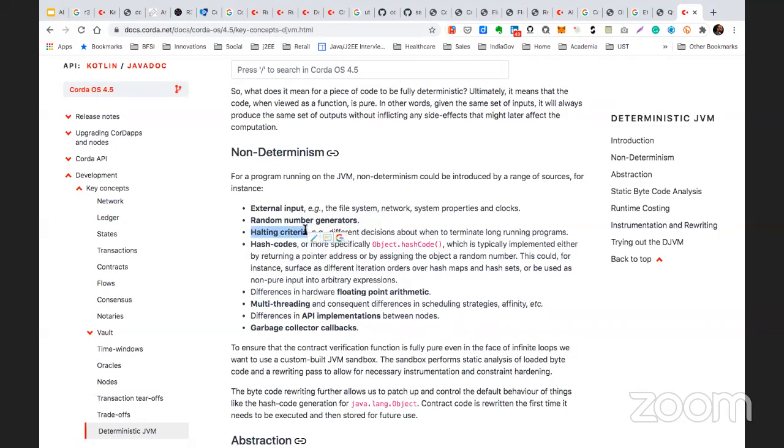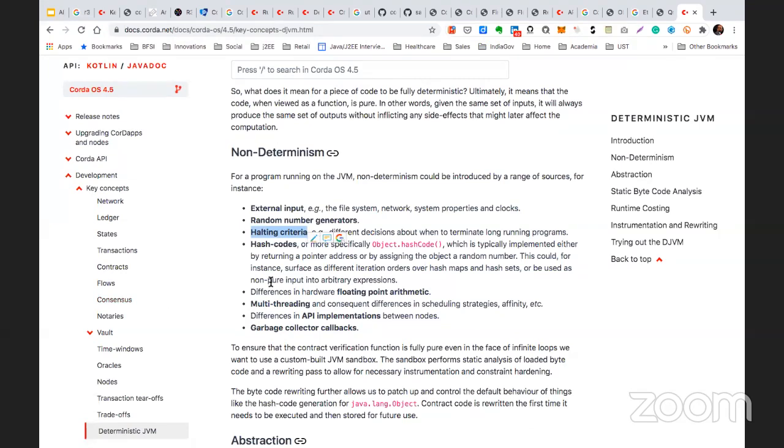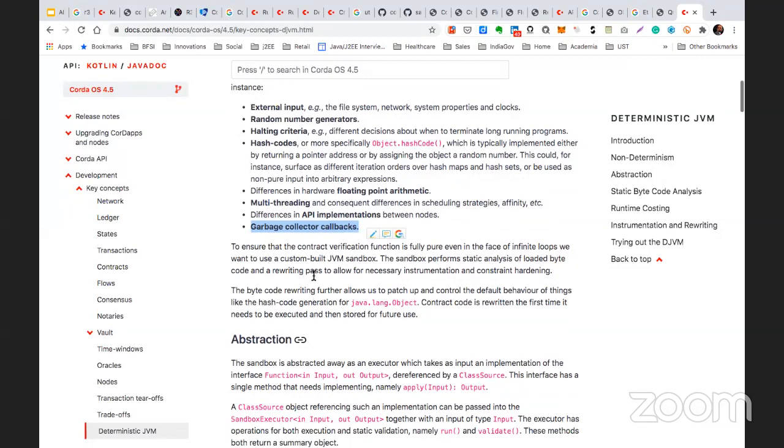Recently, in the latest 4.6 version, Corda introduced something like killing long running or dead flows. Also, the way multi-threading is implemented in Corda is deterministic. And the garbage collector callback is also eliminated.